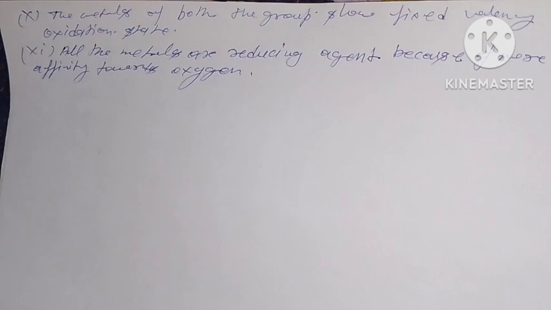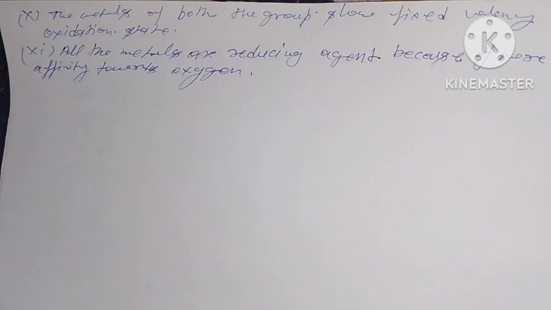They are highly electropositive and do not occur in free state. They are very reactive. They are present in the form of carbonate, sulfate, minerals, and ores. They react with water to form alkali and hydrogen gas, and with oxygen, hydrogen and halogen to form oxide, hydroxide, and halides respectively. They show fixed valency or oxidation state. All the metals are reducing agents because of more affinity towards oxygen.